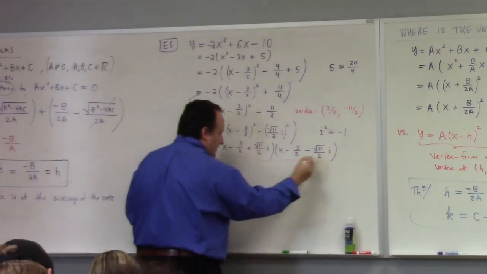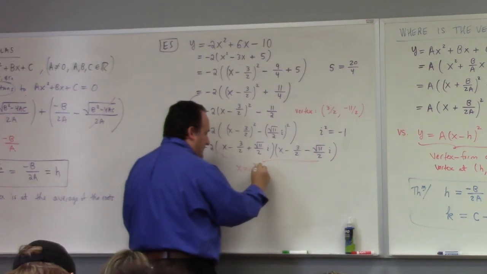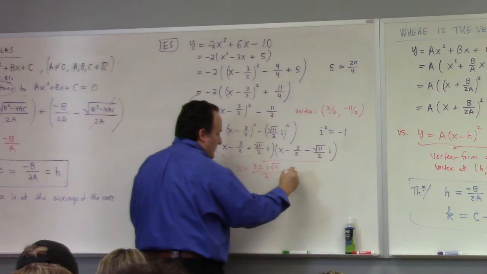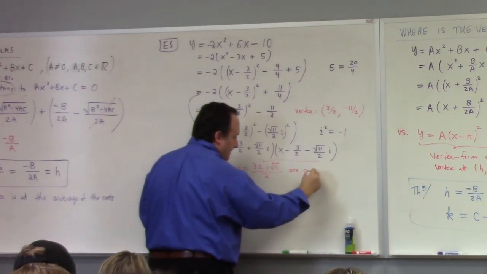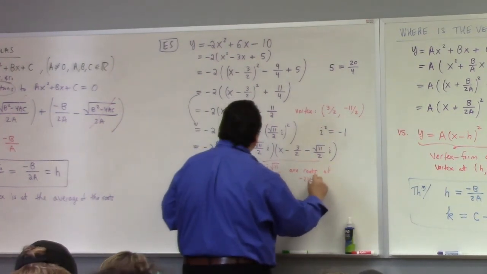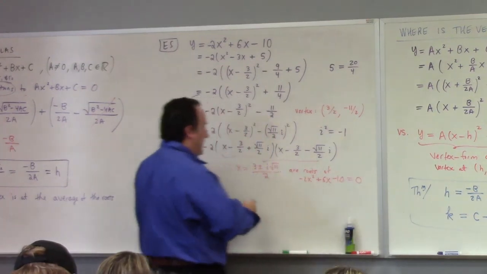So from this, you can read it off, right? Zeros, x equals 3 halves plus or minus i times the square root of 11 over 2 are the roots of my minus 2x squared plus 6x minus 10 equals 0, okay? The complex solutions.